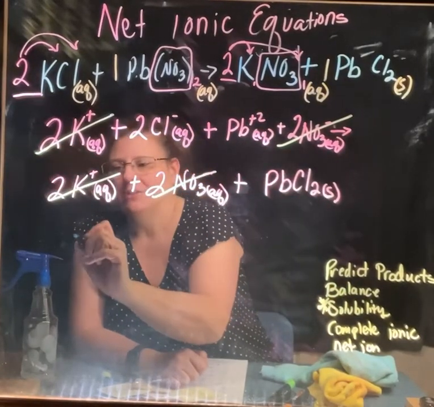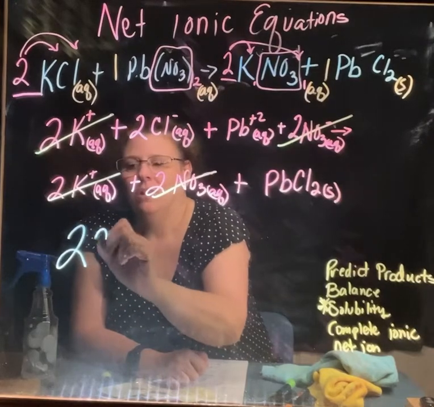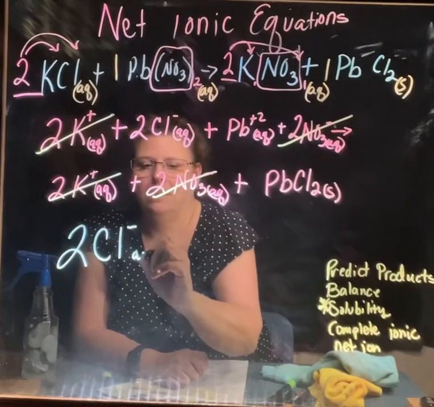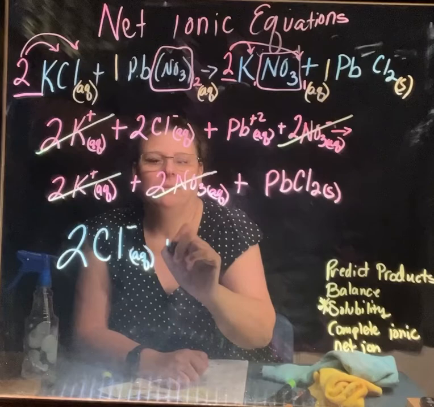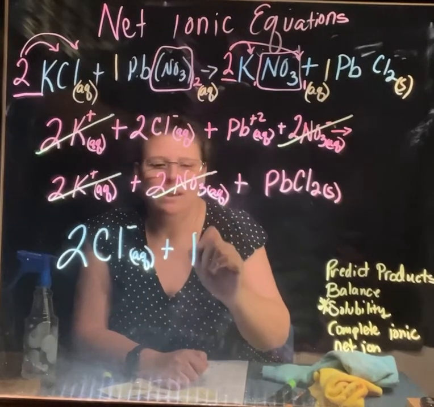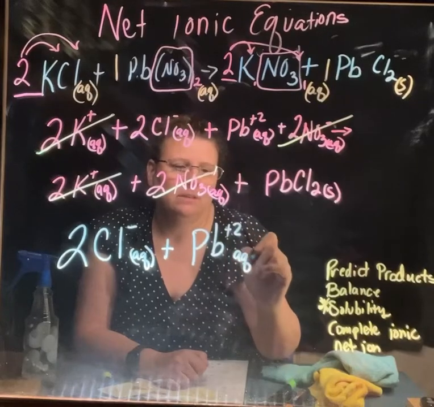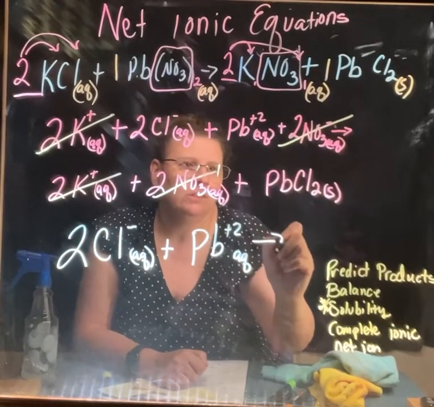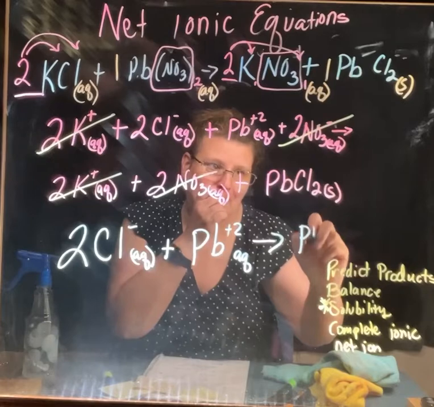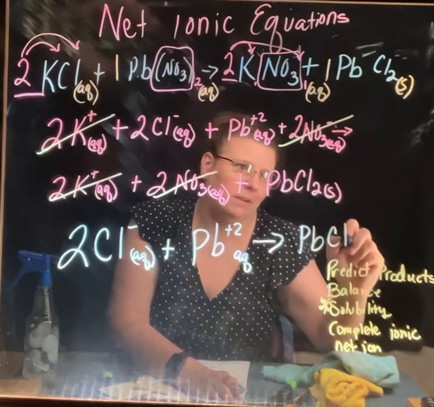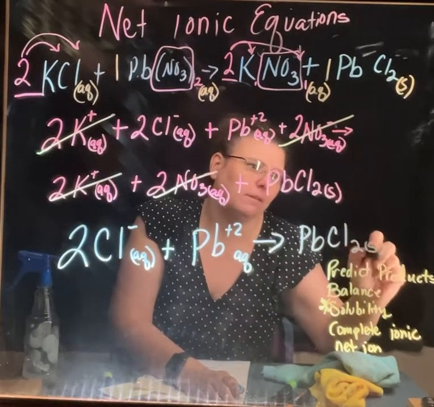So what is left? We're left with 2 chlorine ions, aqueous, plus 1 lead ion, aqueous, and it's going to yield lead 2 chloride, solid.